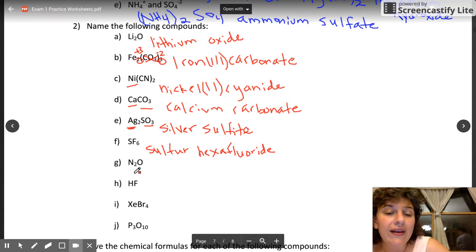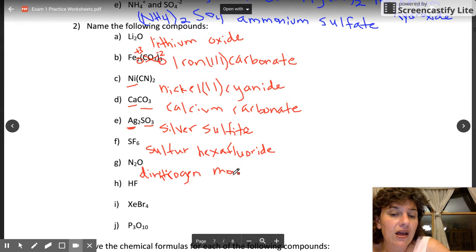All right, N2O, again, all nonmetals. This is dinitrogen monoxide. Keep in mind that if the first element is only one of them, we don't put the mono in front of it, but whenever the second element is, we do.